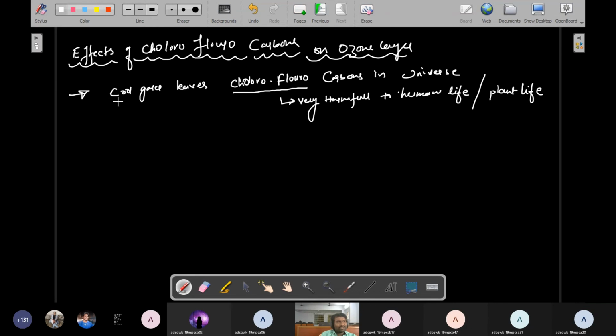Those types of gases are filled in that compressor. Once these cool gases are released to the atmosphere, they react with the atmosphere and create some fluorochlorocarbons. These carbons are directly released into the universe. Okay, understand? And these fluorochlorocarbons are responsible for destruction of the ozone layer.